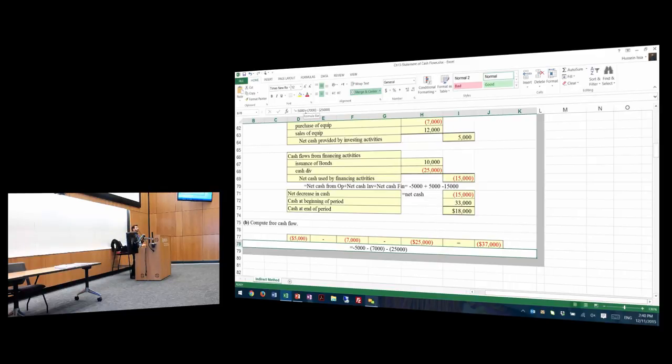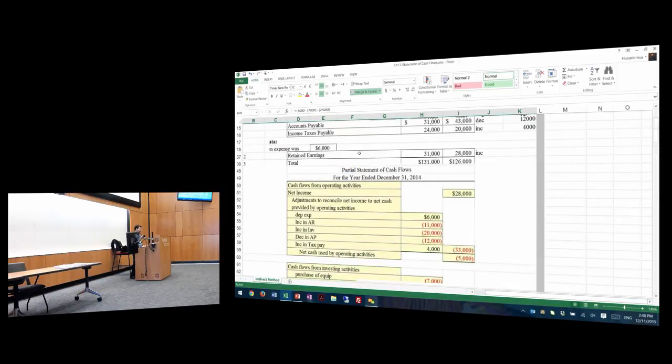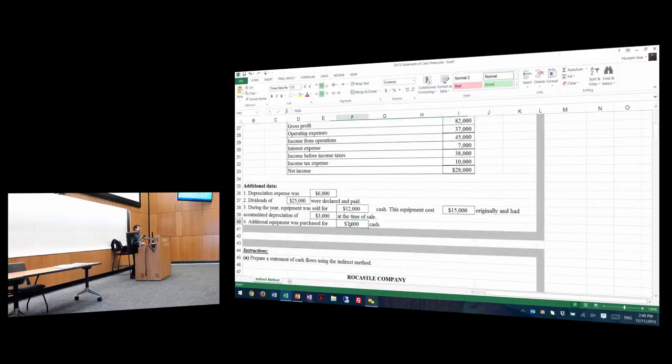Okay? Now there's something that you might want to look at here. You see this 7,000 here. This is one of the things that the exam will be a little bit more complicated about. You might not be given purchases. You might have to calculate the purchases. So let's say that they did not give you the 7,000.